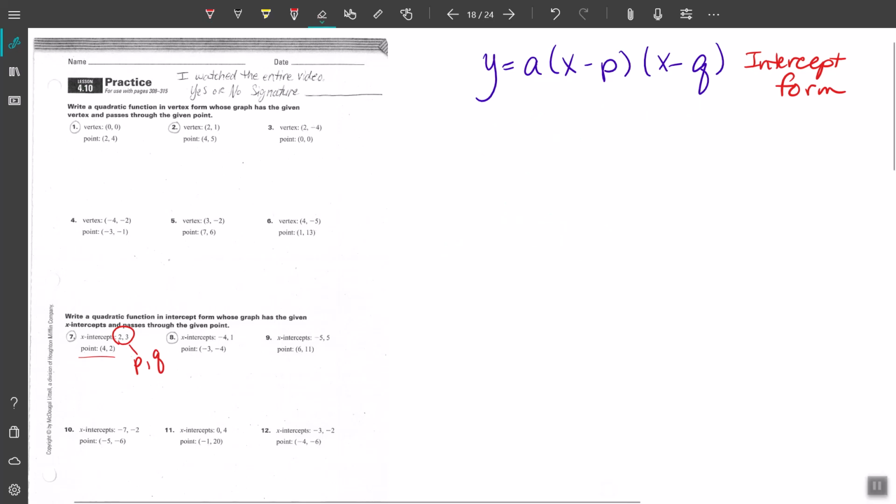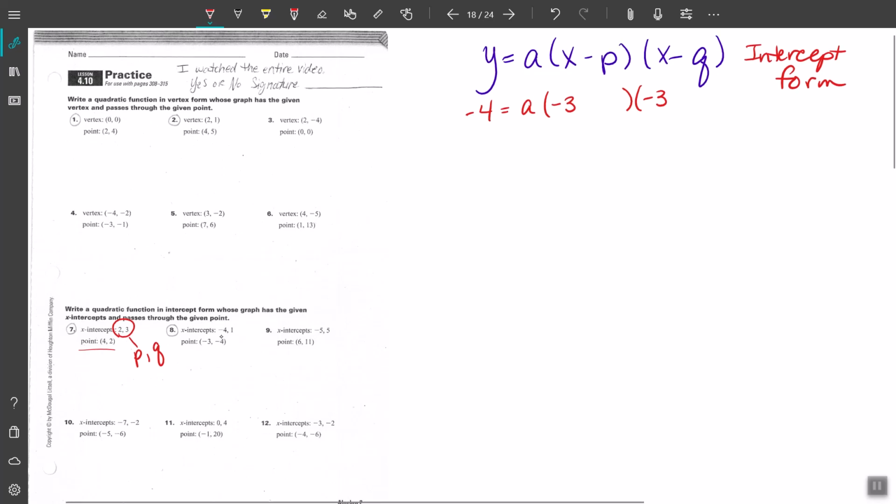All right, number 8, we have a y point value of -4. We don't know a. That's what we're going to be calculating. We do see that we have an x of -3, so we're going to use it here, and we're going to use it here, both places that call for that x coordinate point. Our x-intercepts are -4 and 1.